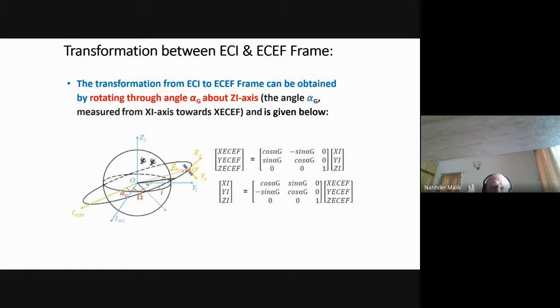So you have to find that angle and carry out a rotation about the north-south axis by that angle alpha g. So you get the transformation between the ECEF frame and the ECI frame, a simple rotation by alpha g.